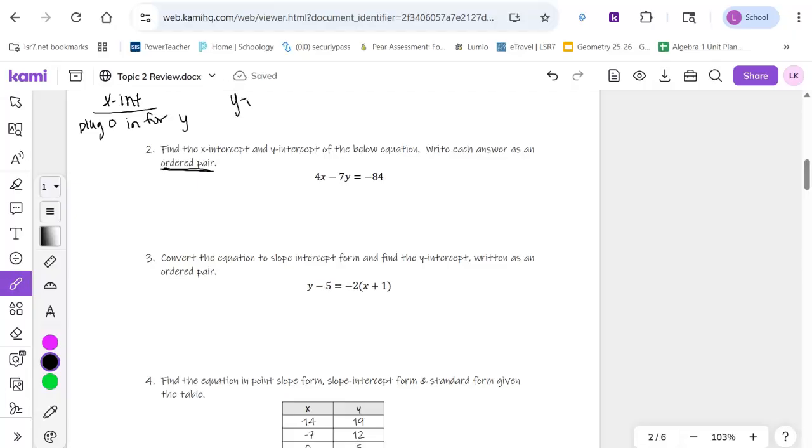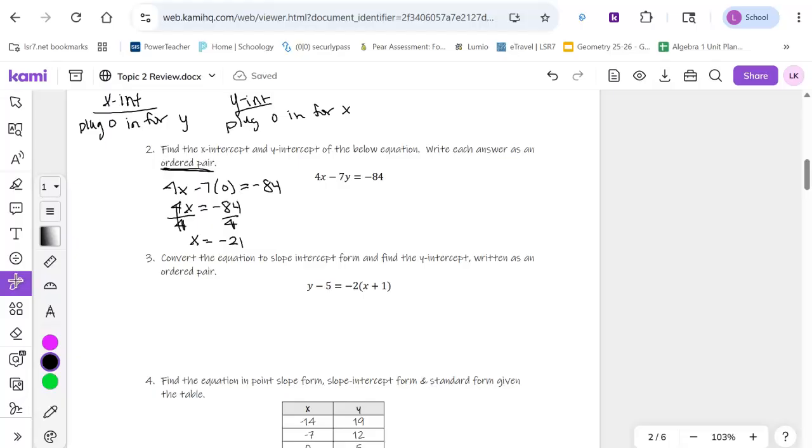And to find the y-intercept, you're going to plug 0 in for x. So that's the first thing I'm going to do. 4x minus 7 times 0 equals negative 84. Negative 7 times 0 is just 0, so I have 4x equals negative 84. And divide both sides by 4. X is going to equal negative 21.